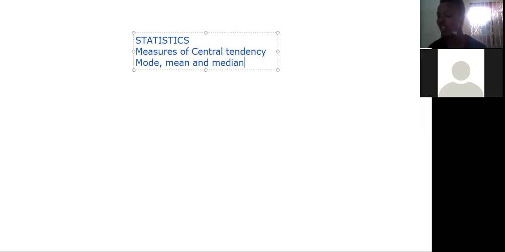The tendency of the observations to cluster in the central part of the data is what we call the central tendency. Under it we talk about averages: the mean, the mode, and the median. We first start off with the mean.